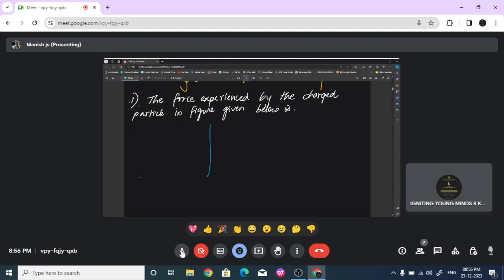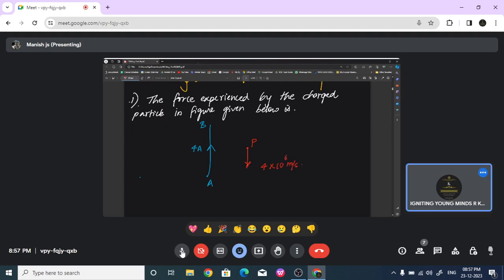So you have a current carrying conductor which is straight here. The current is being carried from A to B and it is 4 amperes. And then there is a particle P. This is a charged particle P and it is moving with a velocity of 4 into 10 power 6 meters per second.